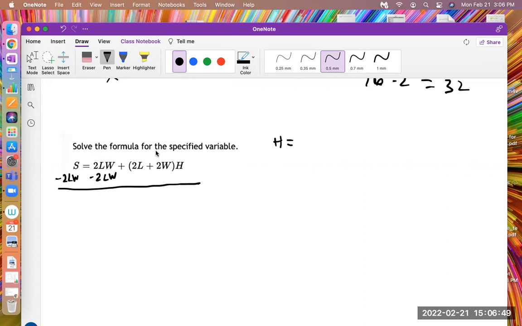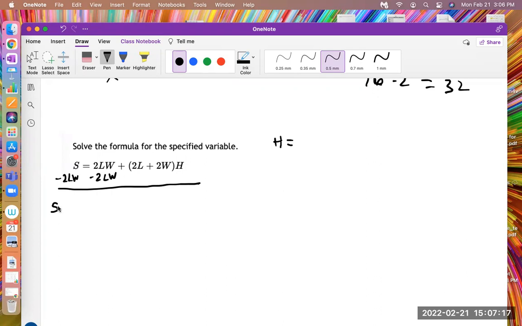Because I'm trying to get just the terms with an h attached to them on one side of the equation. I think these types of equations are even easier than if I had numbers. If s was a number like 24 and this was like 5, there's an arithmetic error that I could make here, doing calculations in my mind.